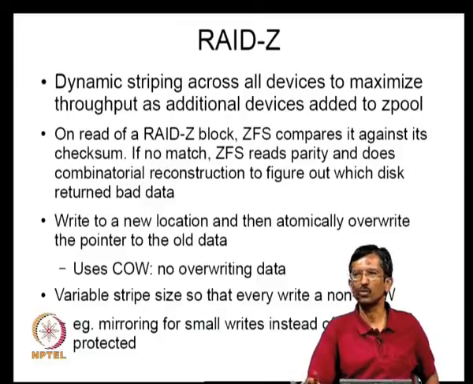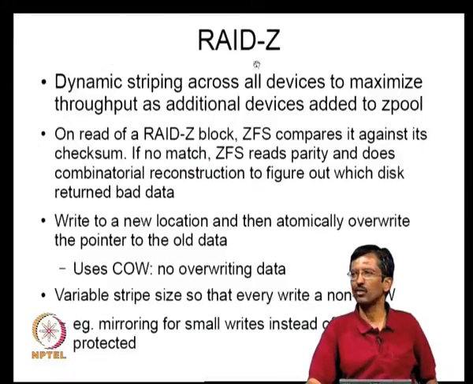It is not done by two different parties. For example, in Linux, the file system is designed by one group, and the MD or whatever volume manager is there is done by somebody else. Same thing in Veritas file system and Veritas volume manager: though from the same company, they are done by two different teams, so it's not an integrated design. ZFS, on the other hand, has been designed to be an integrated design.